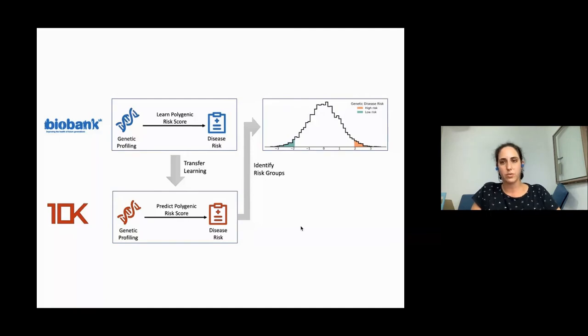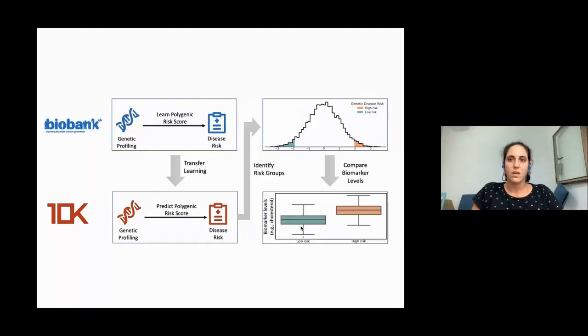Once we identify risk groups, we separate the individuals into two subgroups, high genetic risk and low genetic risk. These two groups are then compared across the different phenotypes we're collecting. As you've seen, there are many of them. Once we compare different biomarker levels, we hope to find specific biomarkers that separate the groups and thus understand the difference between the two.